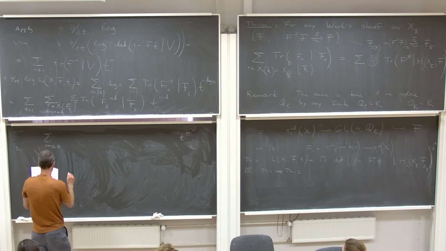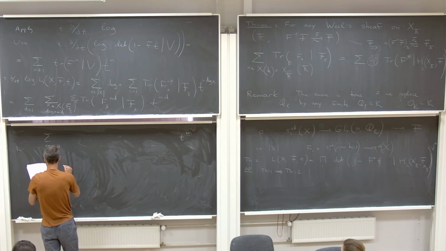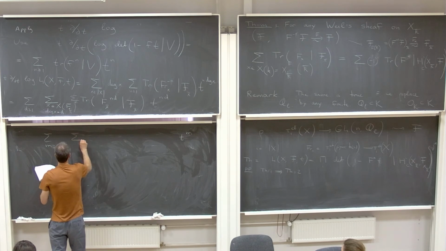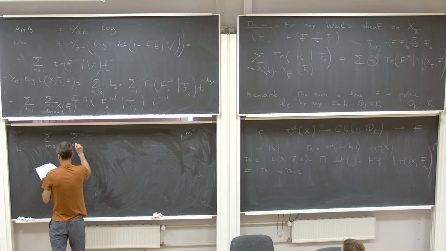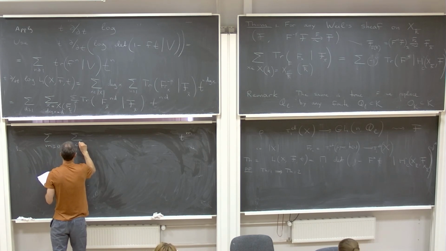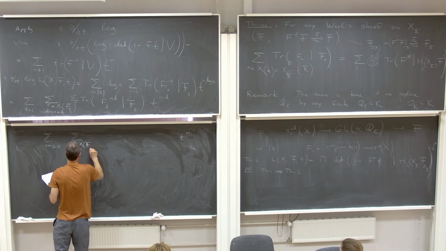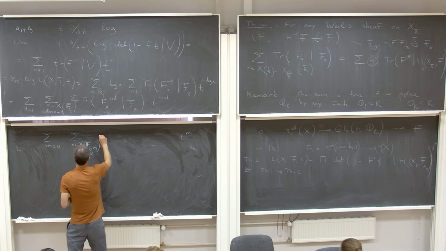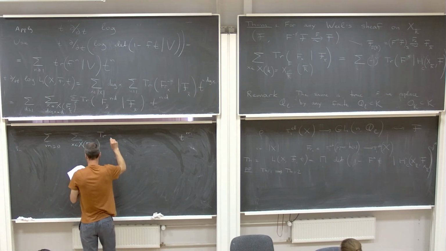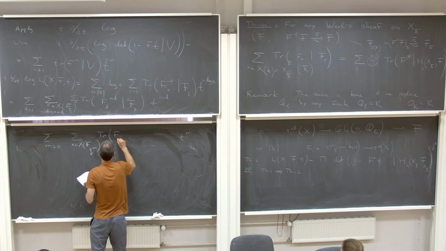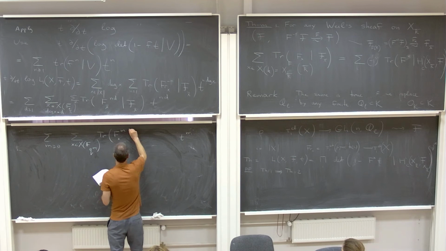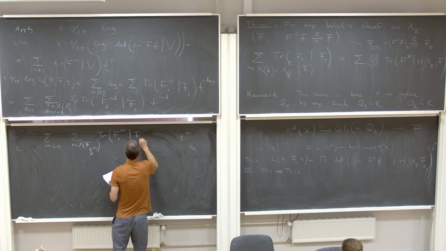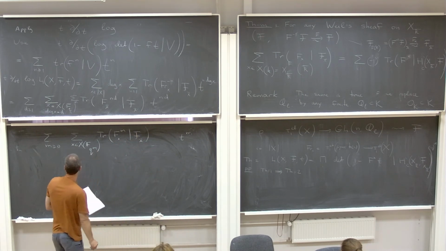So I claim that this coefficient is equal to the sum over x in F_q to the power m of the trace of the Frobenius to the power m acting on the same fiber. Okay?